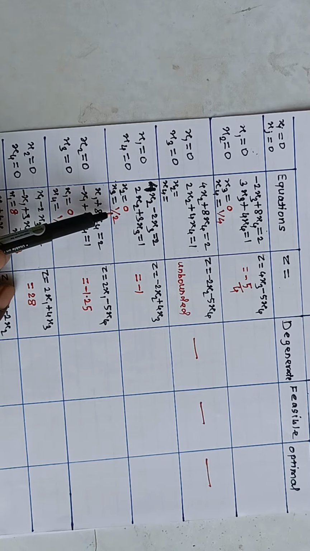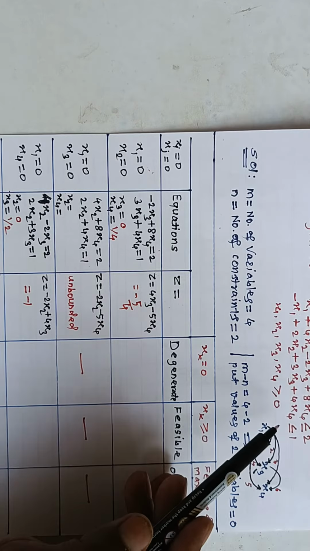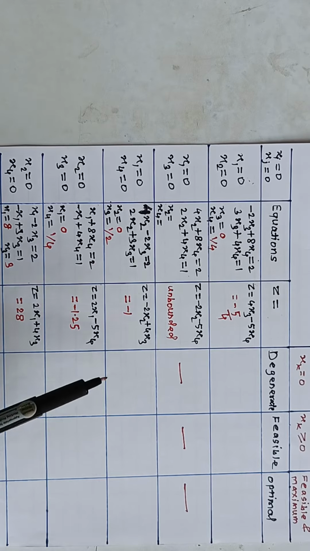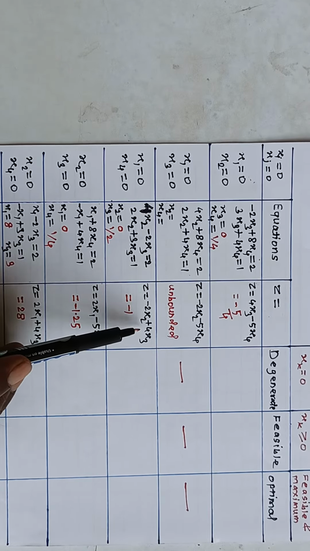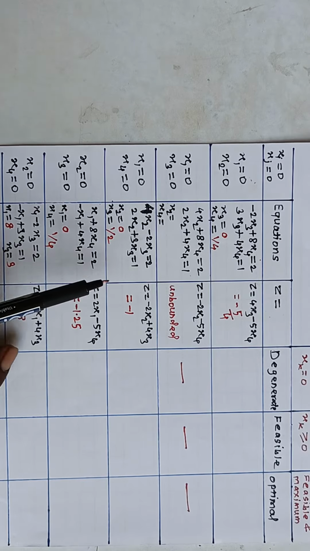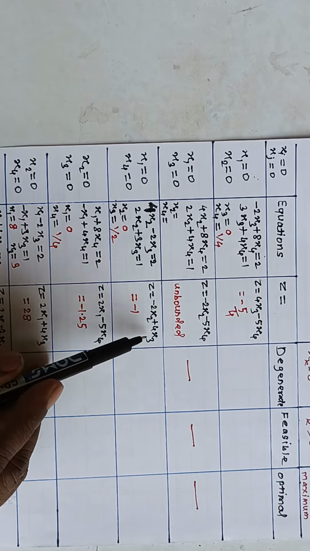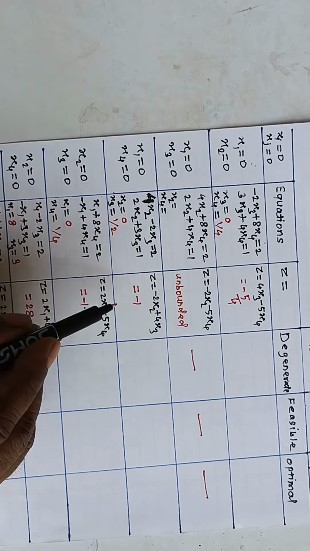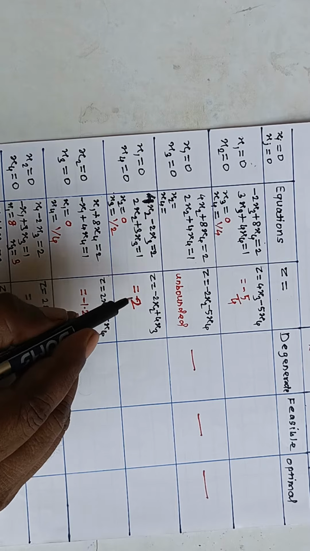Put these two values in Z, that will be x2 is 0, x3 is half. Minus 2x2 plus 4x3, x2 is 0 and x3 is half. So 4 upon 2, that will be 2. Z is equal to 2.